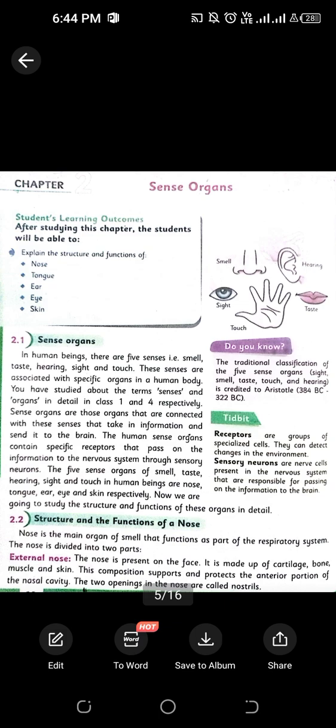The nose is the main organ for smell that functions as a part of the respiratory system. We have discussed some basic concepts: there is a good smell and there is a bad smell. The good smell is referred to as fragrance, the bad smell is referred to as odor.